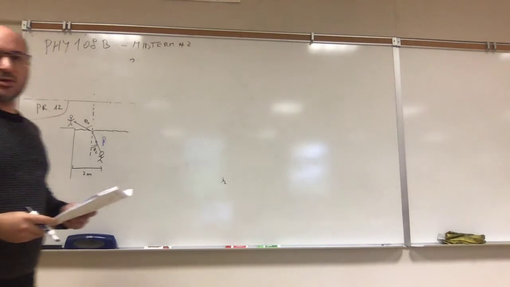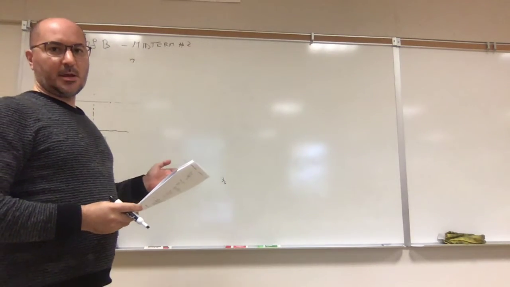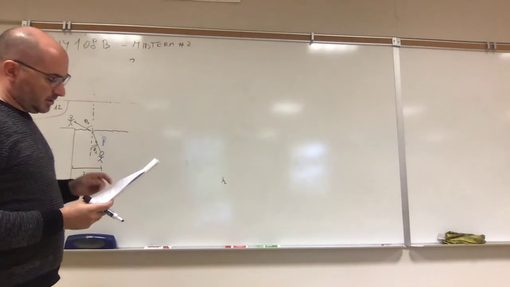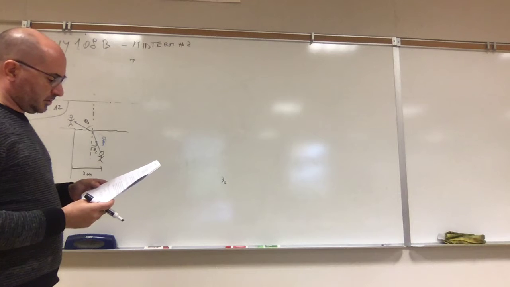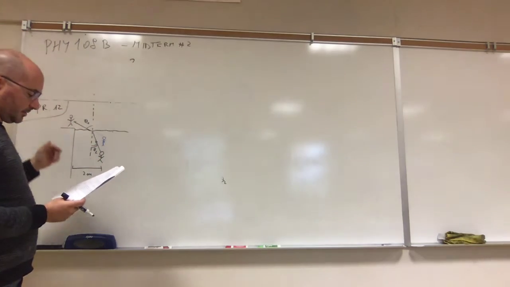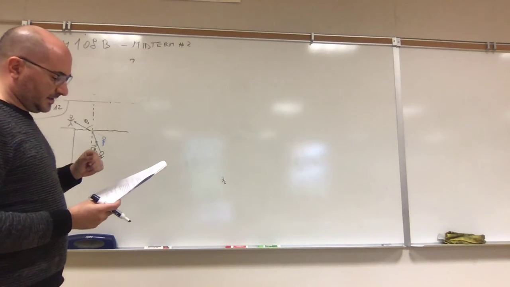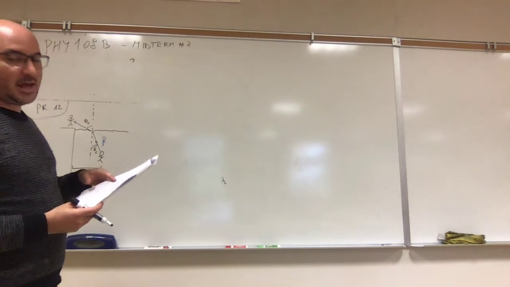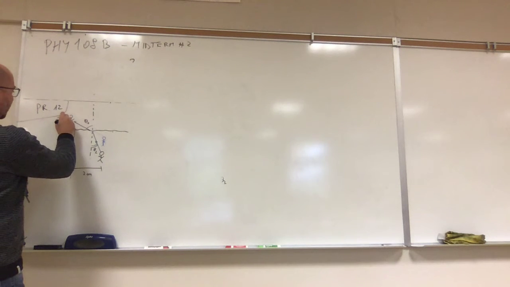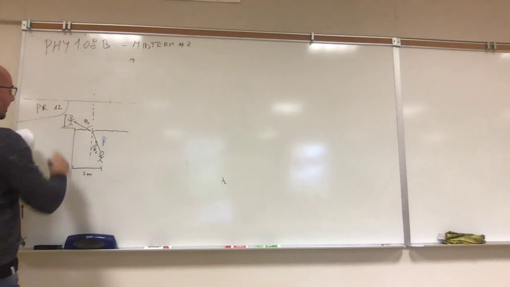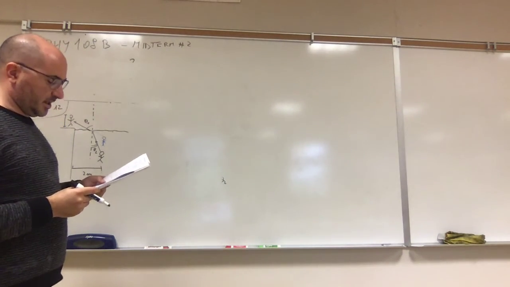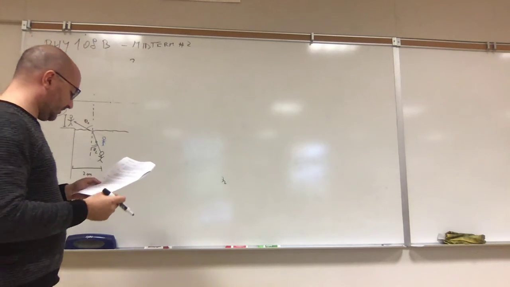It still relates to the scuba diver, and the question is, given that the angle between the ray in the water and the perpendicular to the water is 25 degrees, and using what we found already in the first part, find the height of the instructor's head above the water, meaning where is the head from the water. Noting that you will first have to calculate the angle of refraction, which we already did.